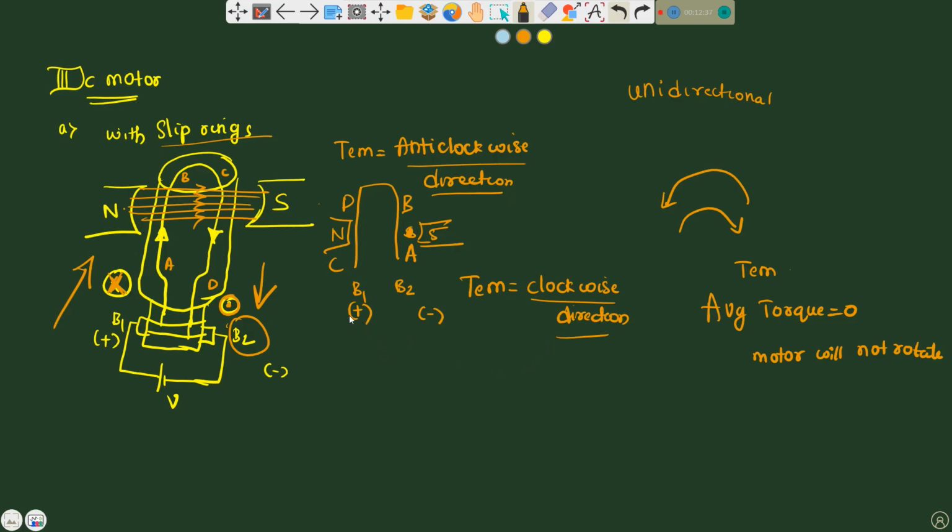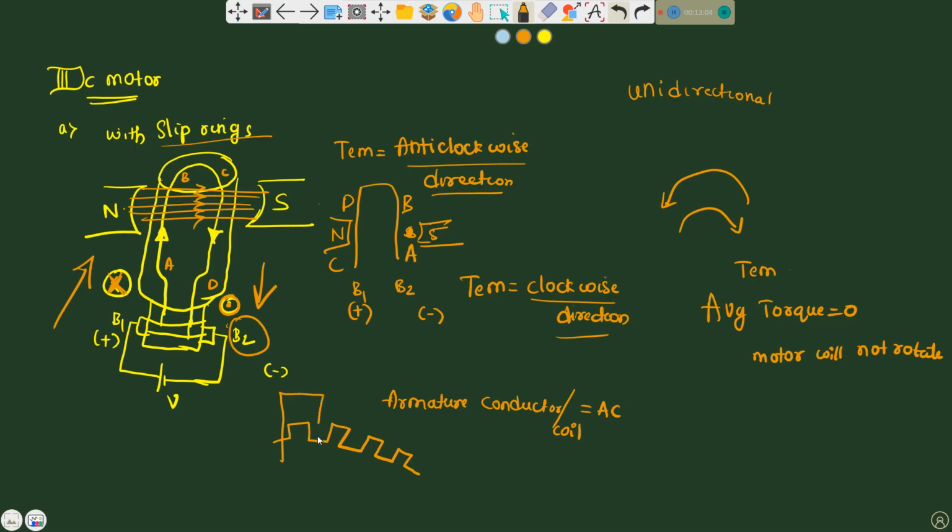AC in armature conductor. That means we have armature conductor should be AC. Armature conductor, or what it is also called, coil. See sir, this is what your armature looks like.